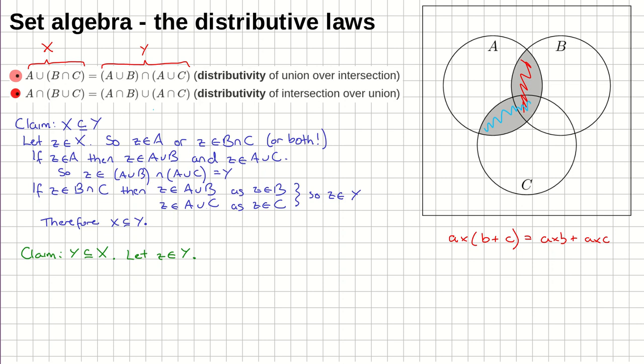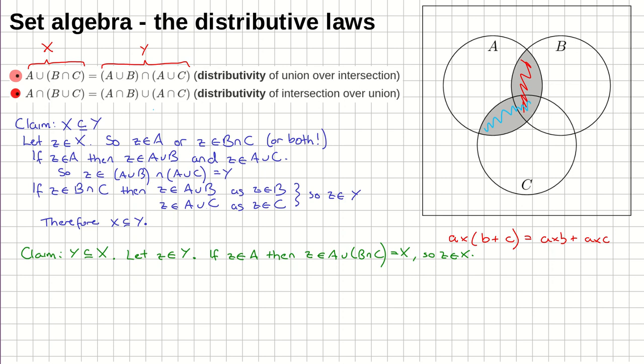So, first case, if Z is in A, well then, as I've said a few times now, if you're in A, then you're in A union anything. So Z is certainly in A union B intersect C, and that is the set X. Okay, so in this case, Z is in X.